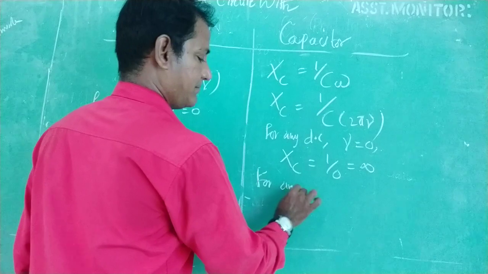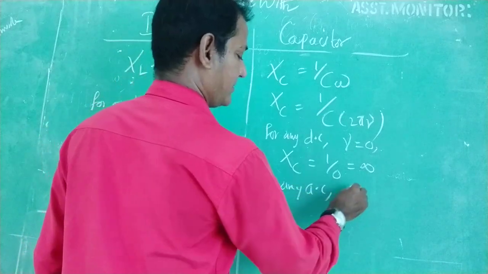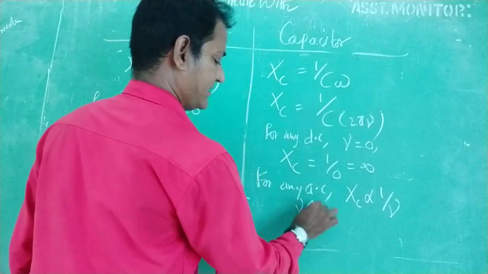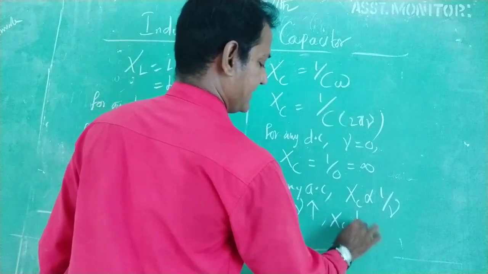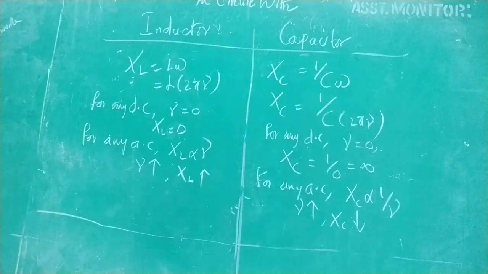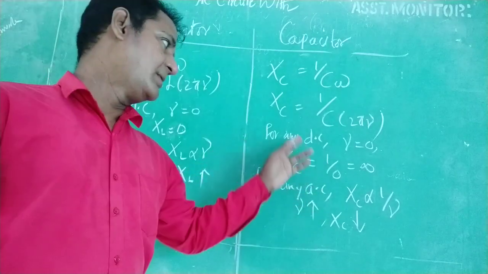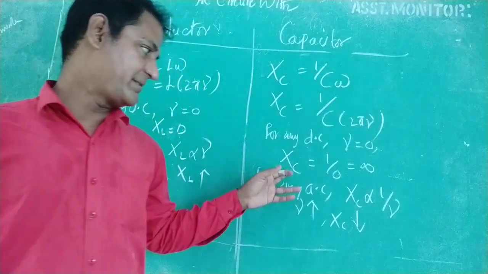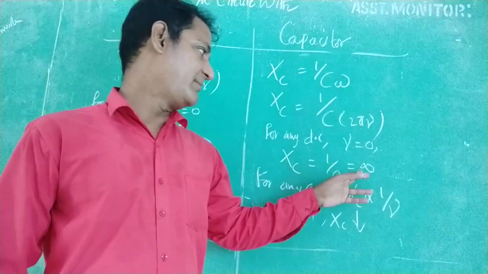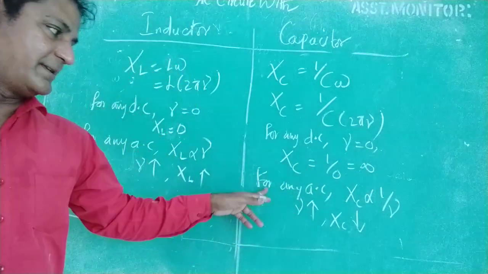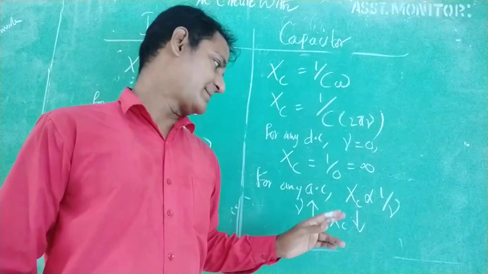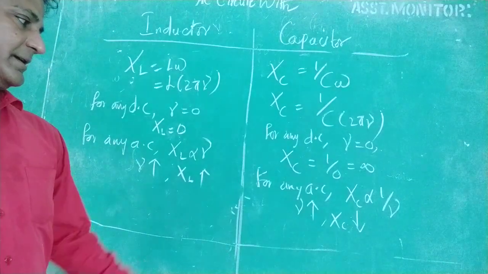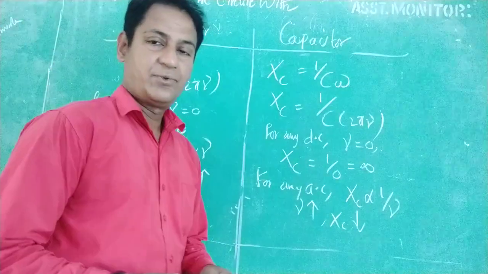For any AC circuit, XC is inversely proportional to the frequency. As frequency increases, XC decreases, and vice versa. So if it is a DC circuit, there is no frequency, so here the capacitive reactance will be always equal to infinity for a DC circuit. For a AC circuit, the capacitive reactance is inversely proportional to the frequency. So here it is shown.